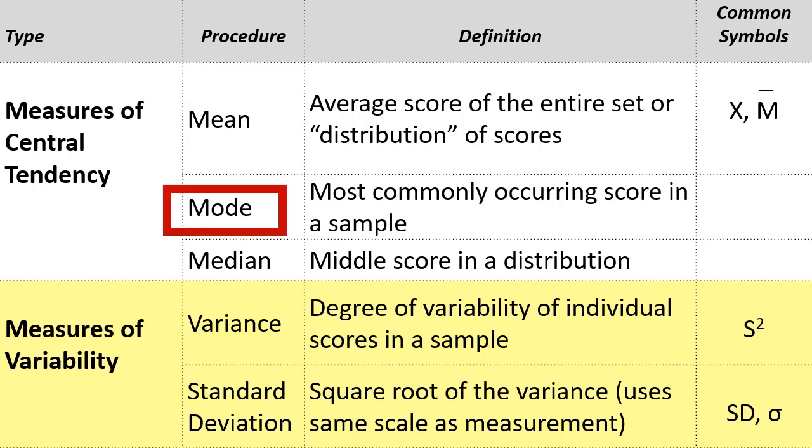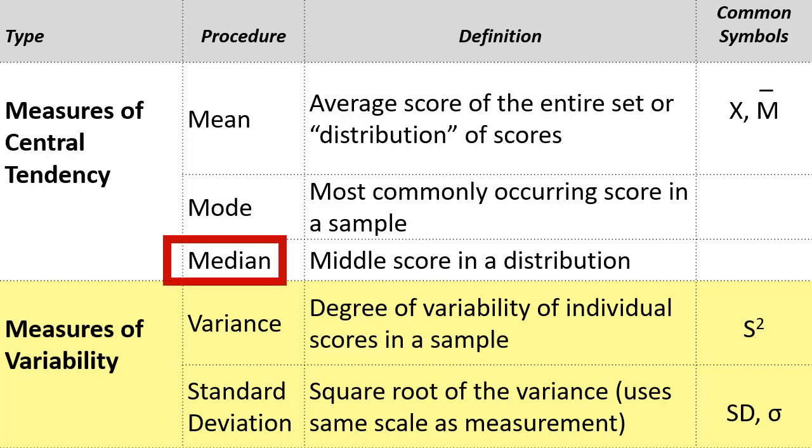So those are common symbols for a mean or average. Mode is the most commonly occurring score in a sample, and that's an important value to represent in some tests. And finally, median, and that's the middle score in a distribution. So if you line up all of the values in a distribution, median would be the one precisely in the middle, given the number of observations in your sample.